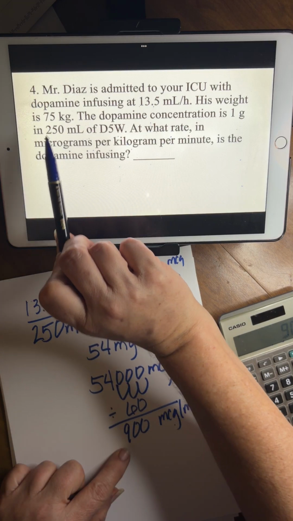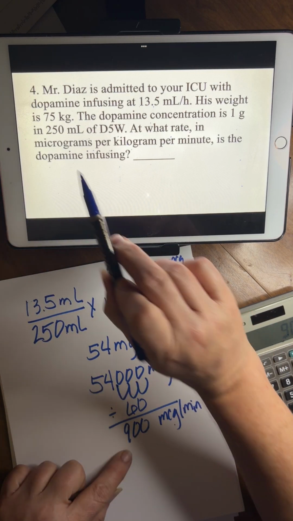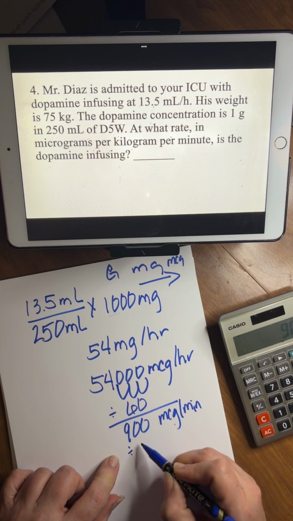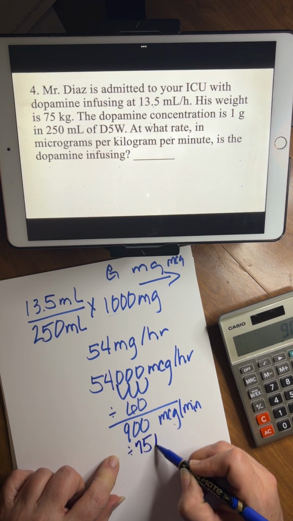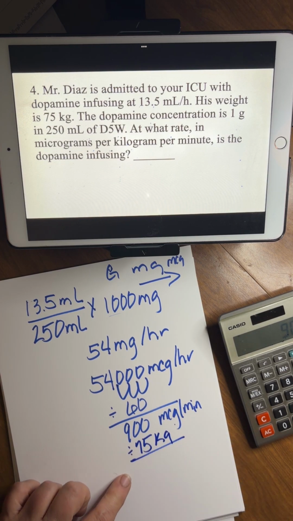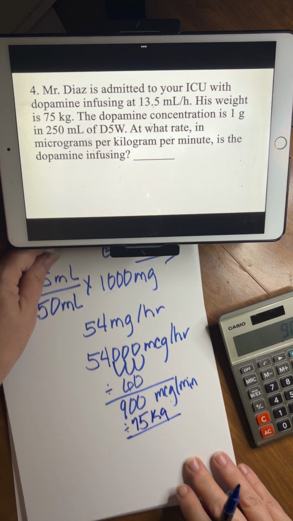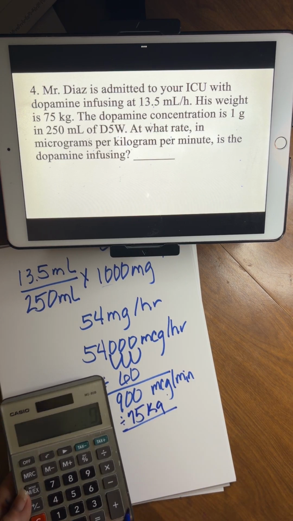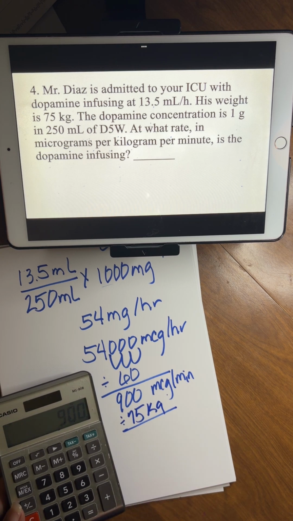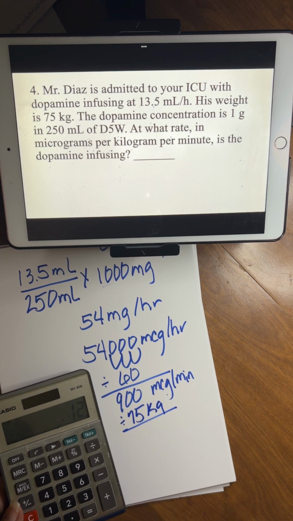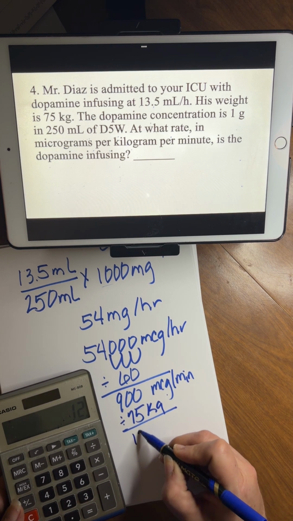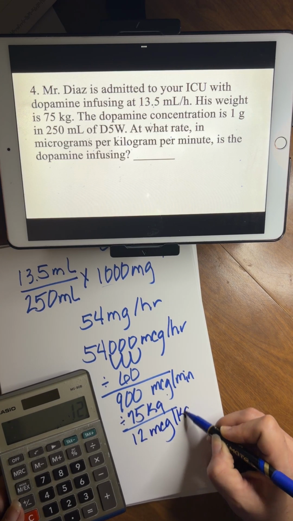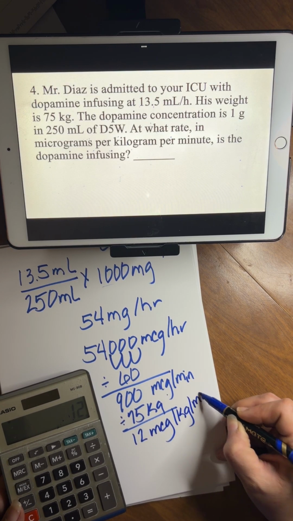So we're going to divide 900 micrograms by all his kilograms, divided by 75 kilograms. And that's going to give us how many micrograms per kilogram he's getting per minute. 900 divided by 75 is going to be 12 micrograms per kilogram per minute.